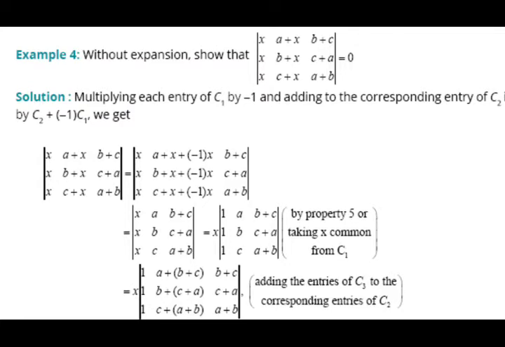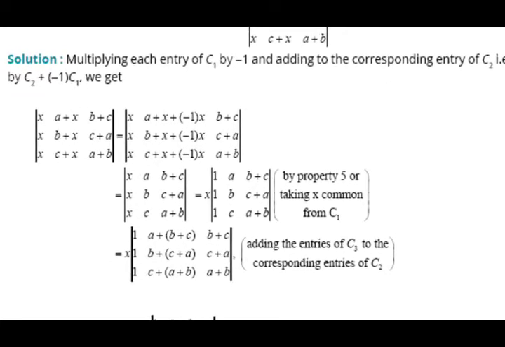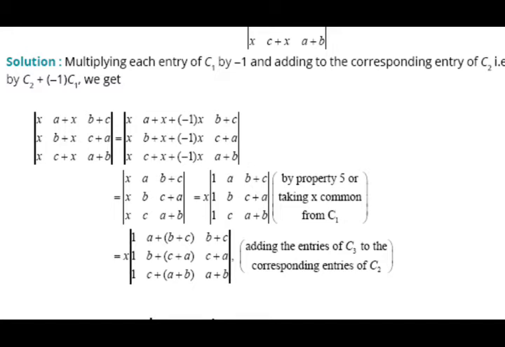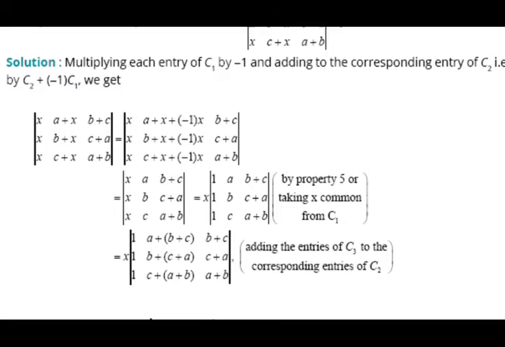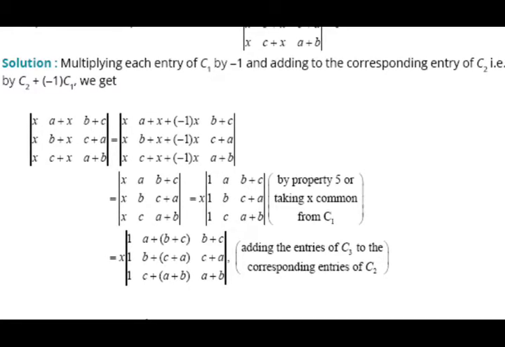If we multiply the first column with -1, it becomes minus x, minus x, minus x. Add in the second column, we cancel x by x, and then we take common x from the first column.